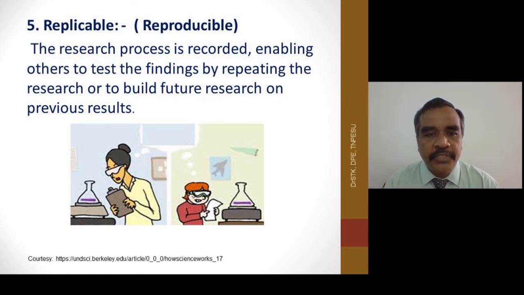The research procedure can be repeated, whether it is applicable for the present situation or for future situations. So the research process is recorded to enable other researchers to do the research in the present situation and to predict future situations. So research must have the nature of being reproducible and replicable.